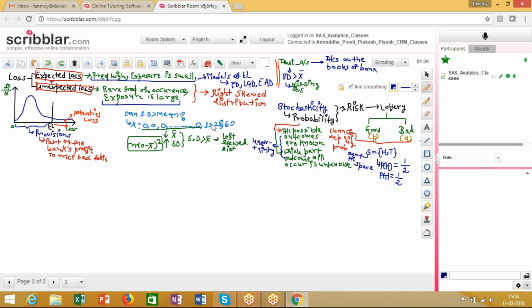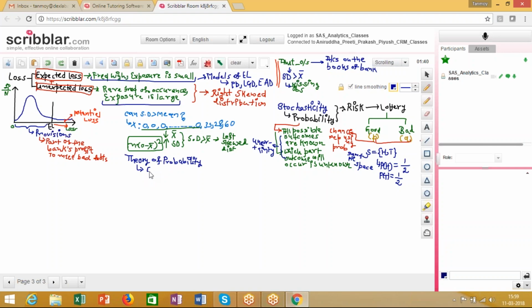As we discuss the theory of probability, there are a few important theories that we'll talk about.